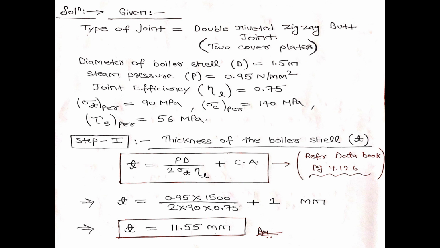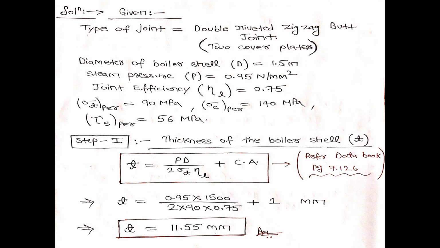Whenever you are taking any data from the data book, say in a single problem, if 10 times you are taking the help of the data book and writing down some equations, then 10 times you have to mention the page number, even if the page number is the same. Is it clear? Understood? Okay, sir. Yes. Because you are designing an equipment. When you are designing an equipment, you have to give all the detailed calculation part.